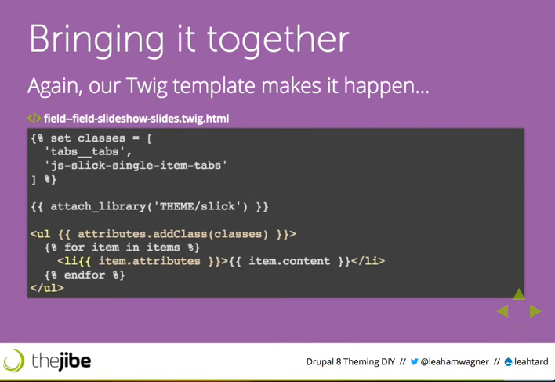The last slide is again us bringing it all together. We've called the Slick library in there, and we've added our JS class. In the context of the scans website, the tabs and the slideshow are loaded on the exact same page, which you probably saw in that little video in the beginning.